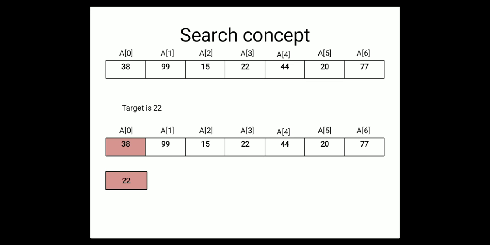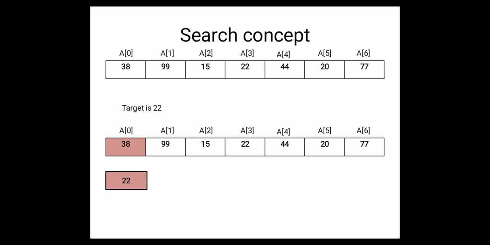So we'll see linear search with an example. A is an array, so the indexing of A starts with 0. Here there are 7 elements in the array, and say that the target element is 22, and you have to find whether 22 is there in the given list or not.